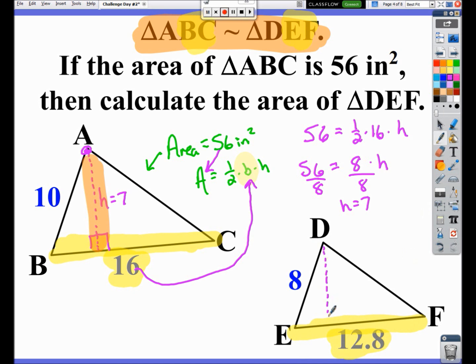So, if I draw in its height, let's call this H, I can now figure out the height of this triangle. I know that the 16 and the 12.8 are corresponding sides to each other, so I can set up a ratio with those. 16 over 12.8 is going to be equal to the height of this triangle, 7, over the height of this triangle, which I don't know.